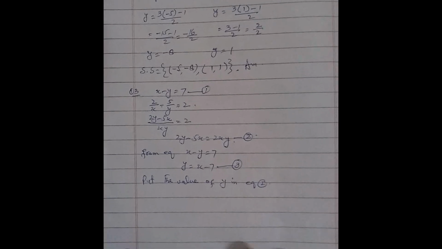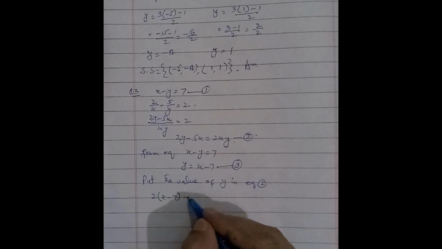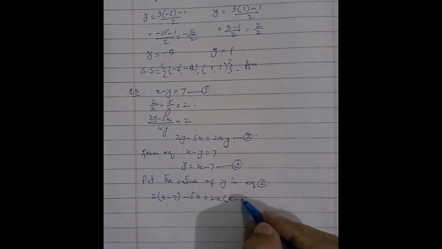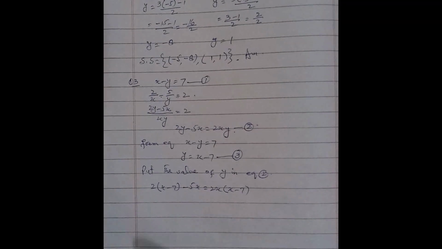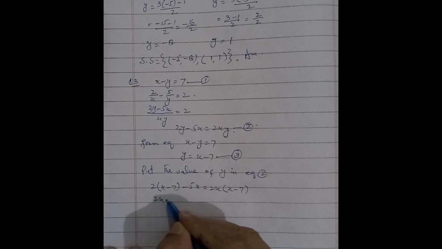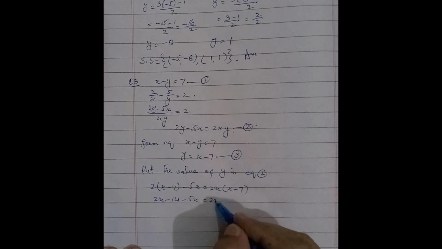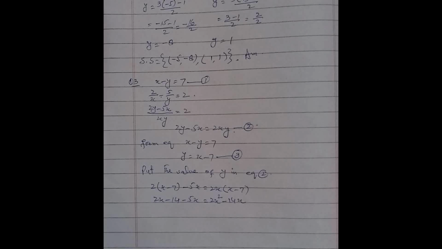We get 2(x minus 7) minus 5x is equal to 2x into x minus 7. Now we simplify these values. We get 2x minus 14 minus 5x is equal to 2x square minus 14x.